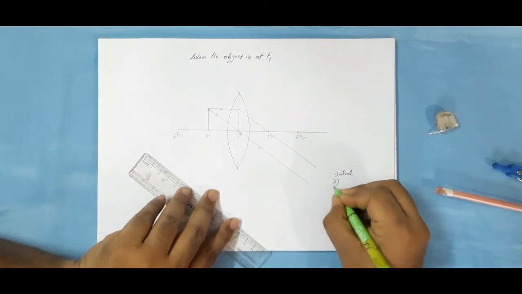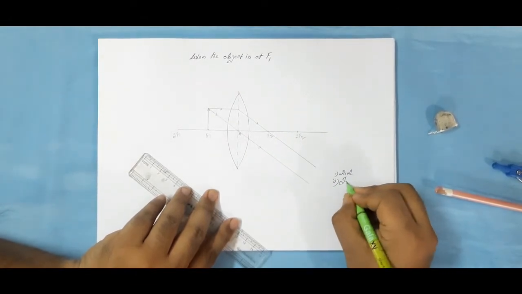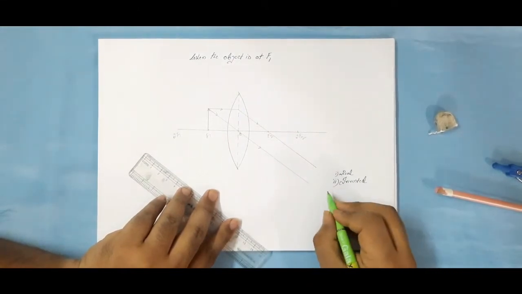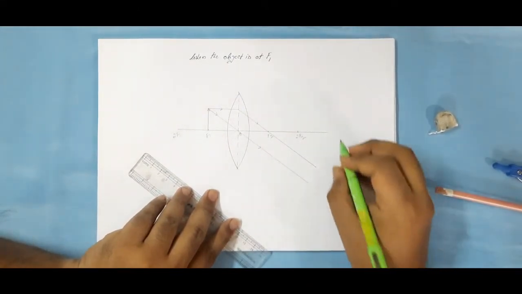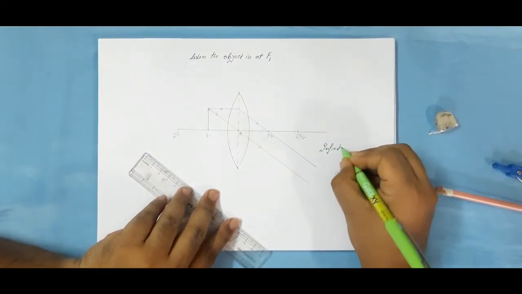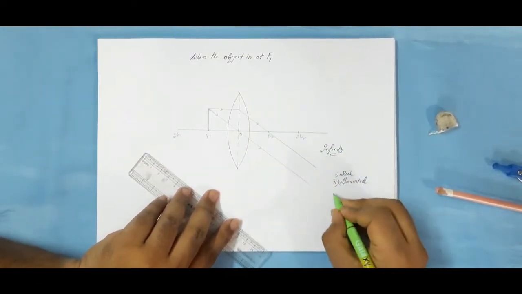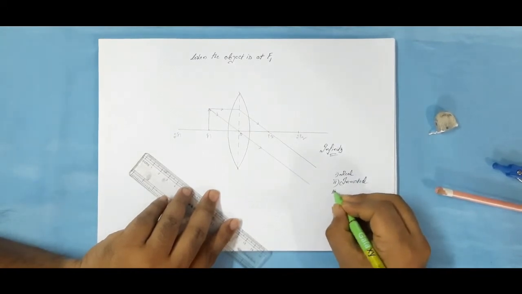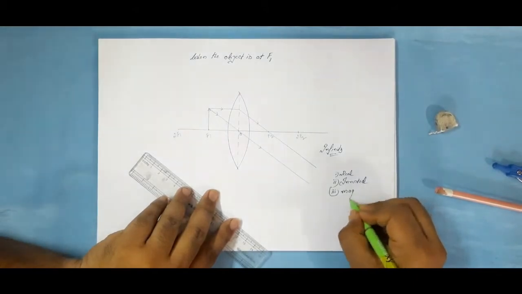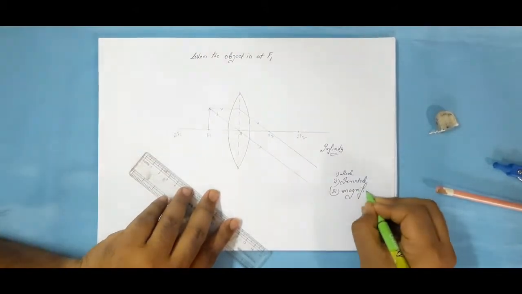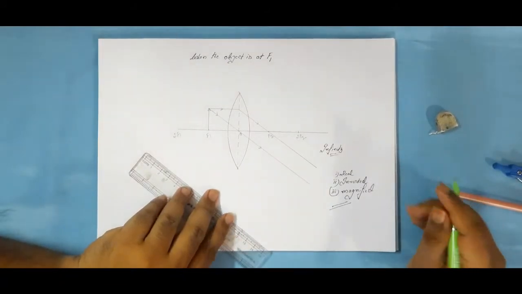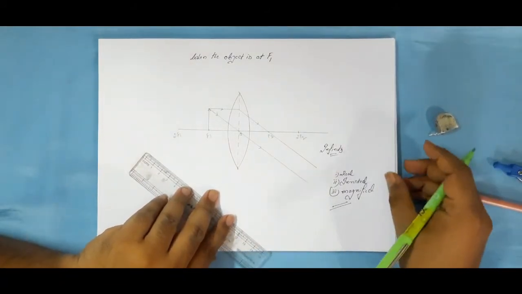Number 2, it is inverted. And number 3, it is highly magnified as it is formed at infinity. Okay, the image formed at infinity. As it is formed at infinity, the image is magnified. Okay, so these are the 3 characteristics of image formed when the object is placed at f1.